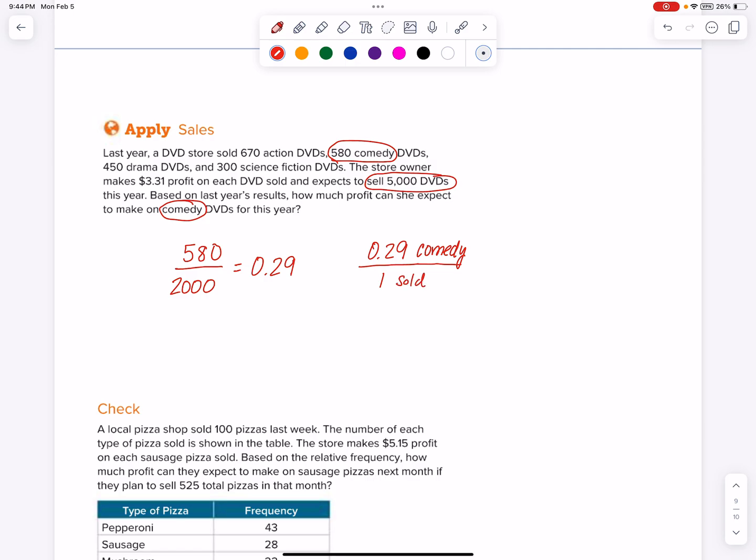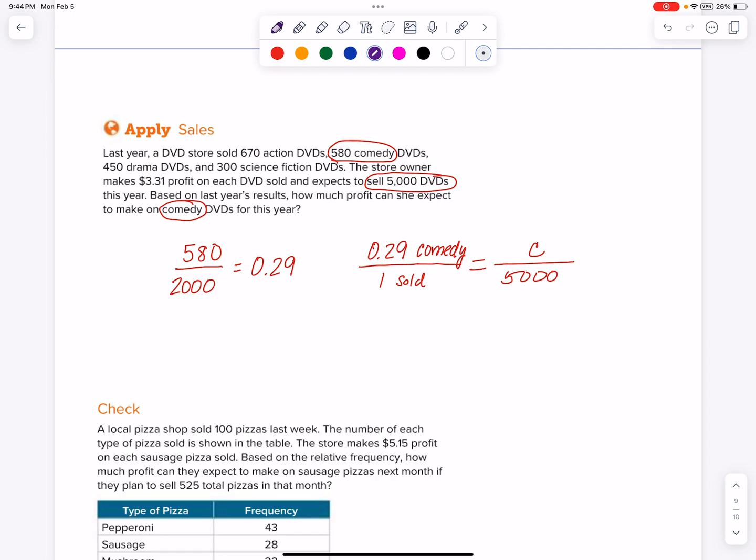It doesn't really make too much sense that way, but that's how the unit rate would be. And then let's go ahead and predict the 5,000. Technically you don't really even need to come up with this unit rate. You could just use this instead. It still would work the same thing because it's a ratio. We just have an equivalent fraction. And then we want to know how many comedy, so we can just use C again, and there we go.